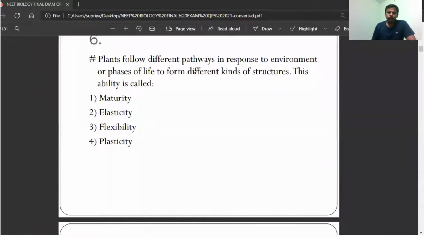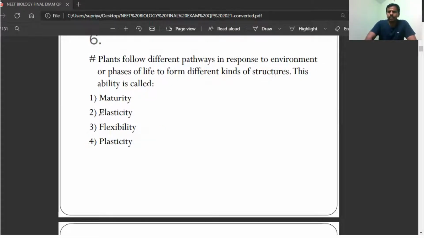Plants follow different pathways in response to environment or phases of life to form different kinds of structures. This ability is called not maturity, not elasticity, not flexibility, that is plasticity. Option number 4, the correct option, right?